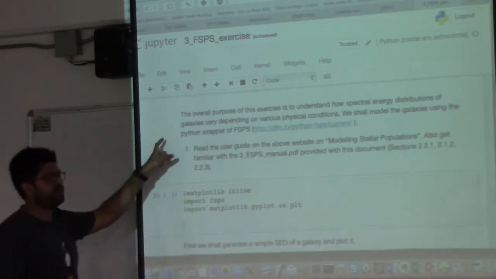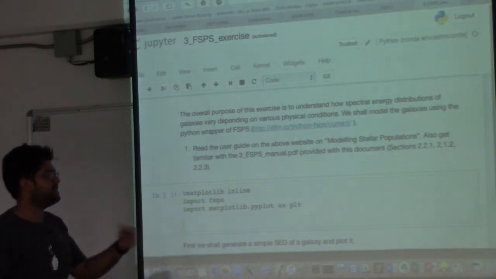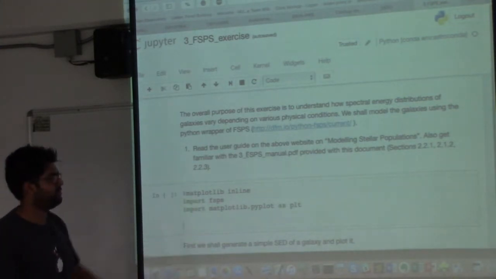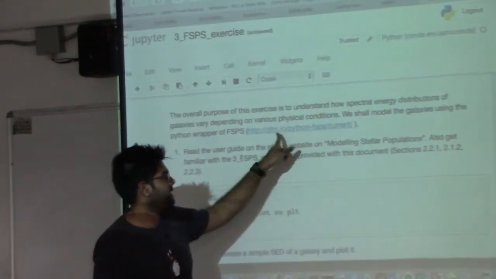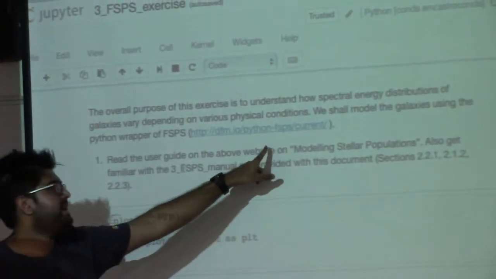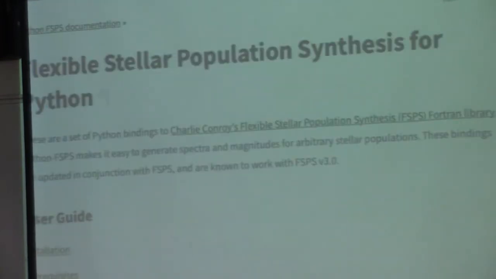So the first thing you will do is to get a little bit familiar with the words that are used in this software. You can do that by first going to this FSPS link, and under that it explains how to make a galaxy basically.